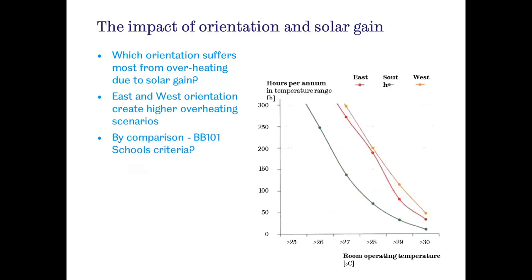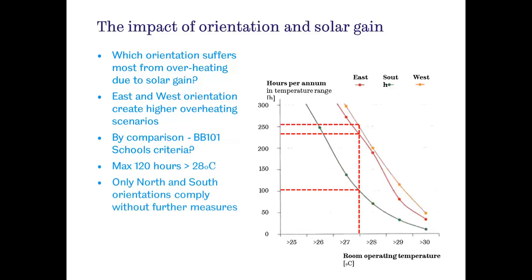And if we compare that with some criteria for schools, in a school in the UK you're only allowed to exceed 28 degrees centigrade for 120 hours. So if we just draw that on our graph, that's our 28 degrees.